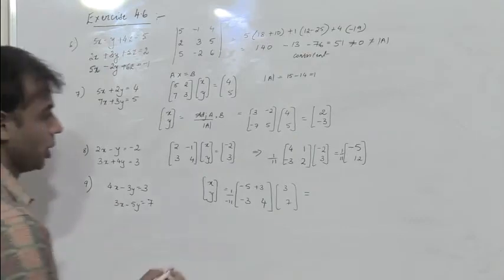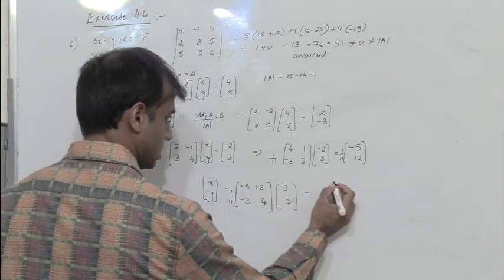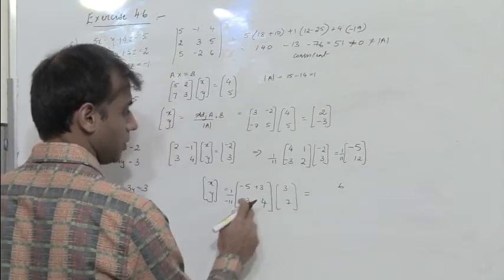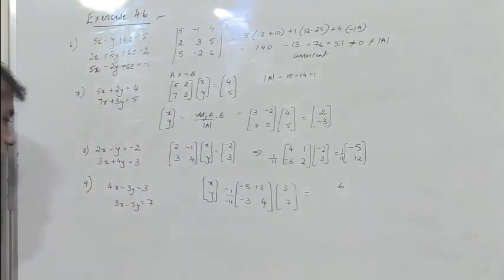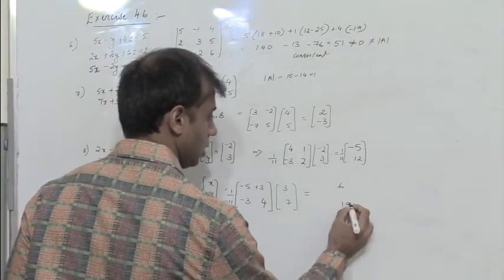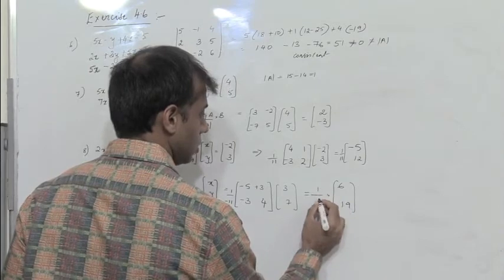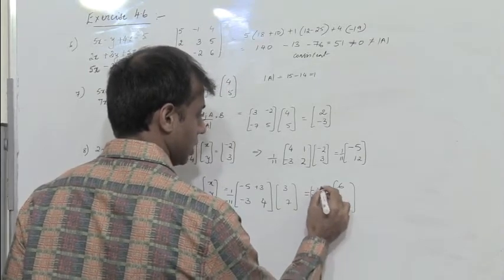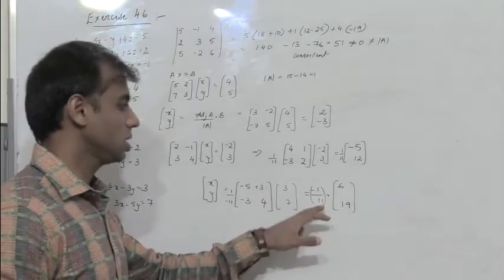Right? So how much do I get? So this is minus 15 plus 21. So I get 6. And then you have minus 9 plus 28, which is 19, into 1 by 11 with a negative sign. Okay. So therefore the value of x is minus 6 by 11.